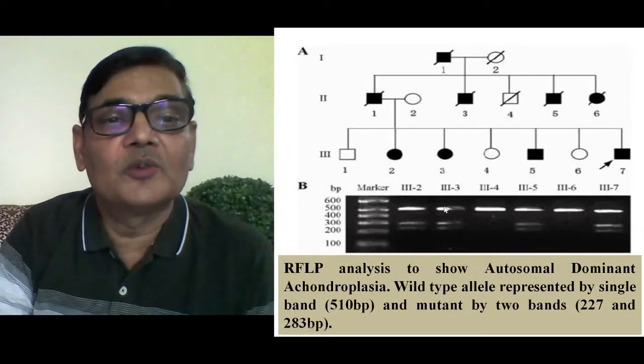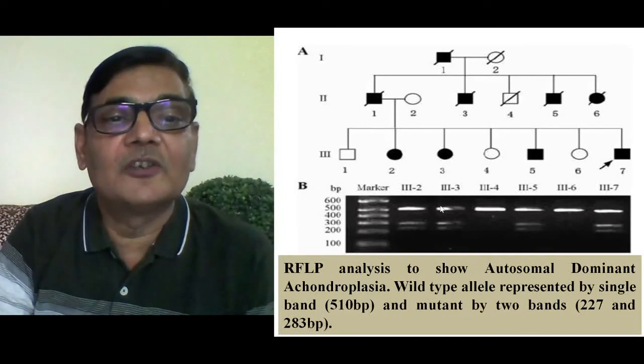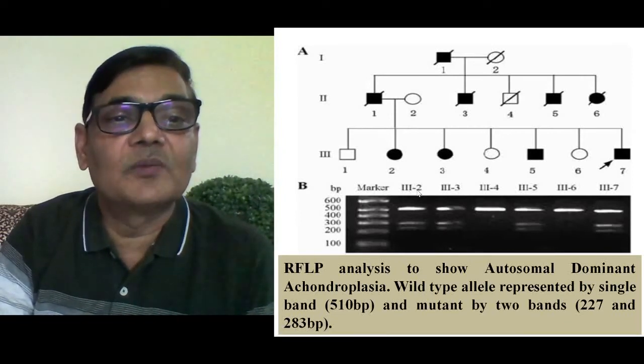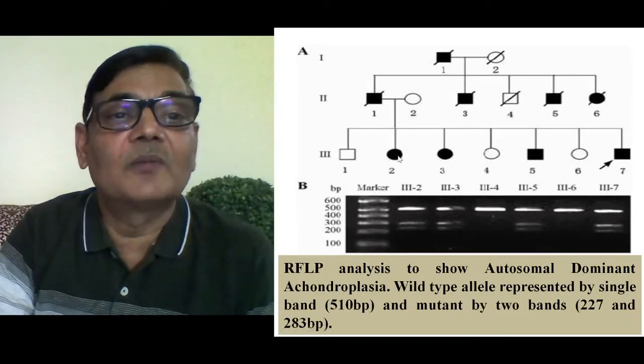One chromosome carries a normal allele, seen as the 510 base pair band, and the mutant one is in two different bands, the lower one 227, the upper one 283. Here also this fellow is a mutant one, suffering from dwarfism.